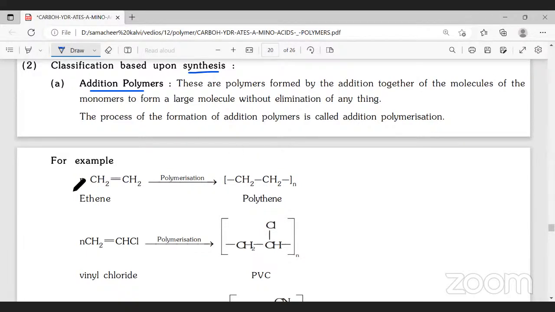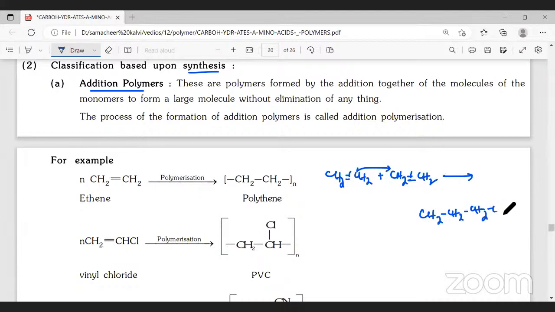Now, for an example, we learned ethene. Again, we will try to learn. If you take two molecules of ethene like this, and heat it at required conditions, the pi bonds will break and these two carbon atoms will link. So we get CH2, single bond CH2, single bond CH2, single bond CH2.